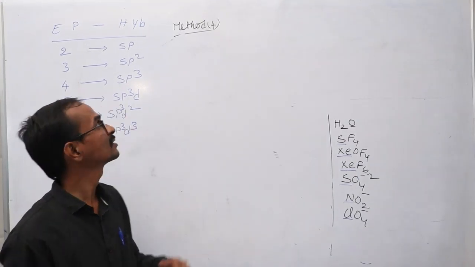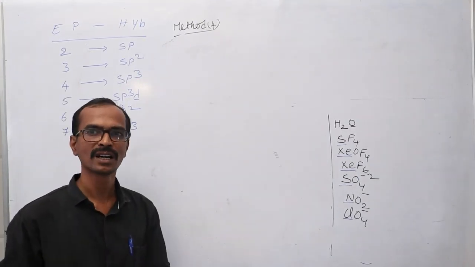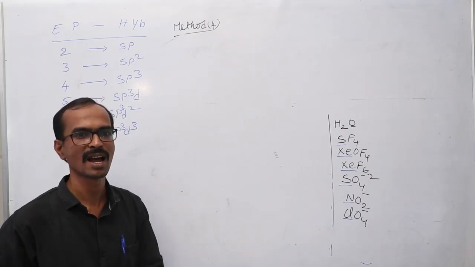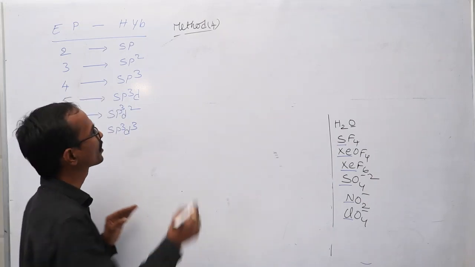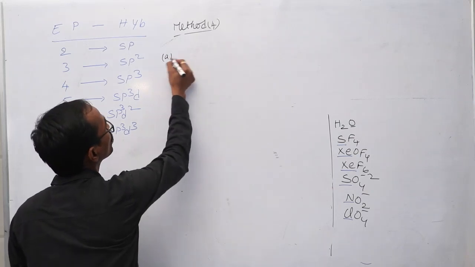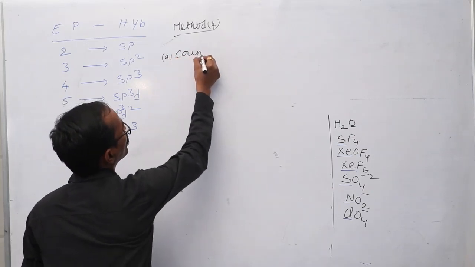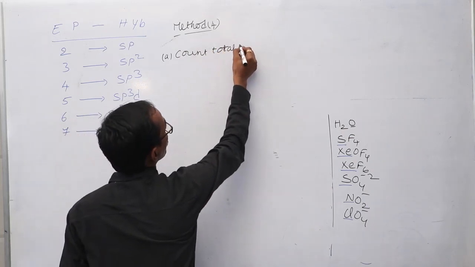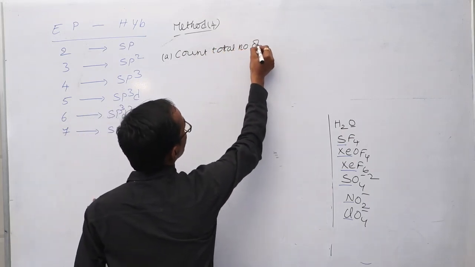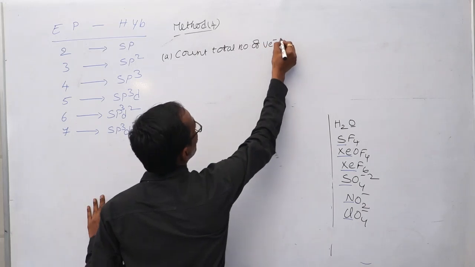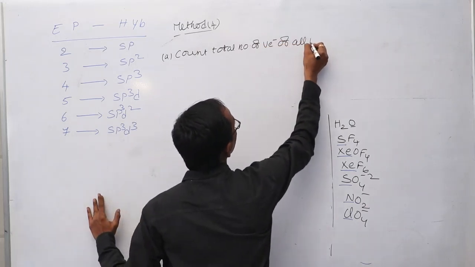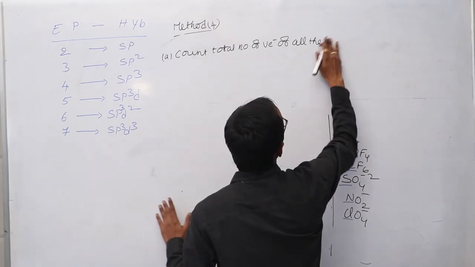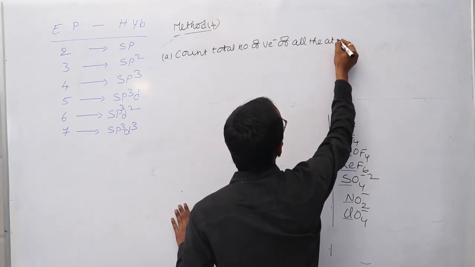Now let us discuss the fourth method for the calculation or identification of the hybridization of the central atom. Simple. Here what you have to do is count the total number of valency electrons of all the atoms in the molecule or in the ion.